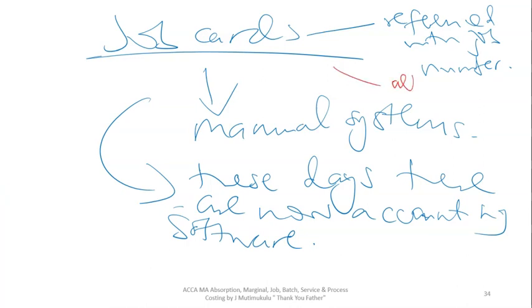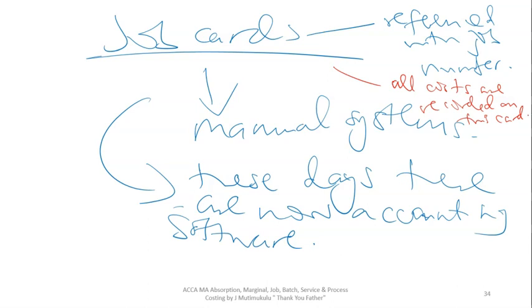All costs are recorded on this card, from labor, from direct materials which have been used, everything is recorded in the job card. So even if it is a computerized system, all the information should be input into the system.